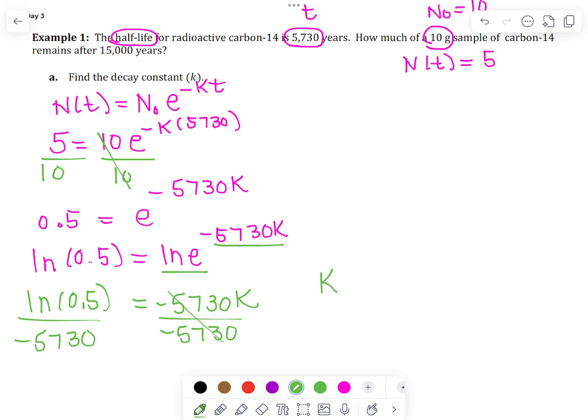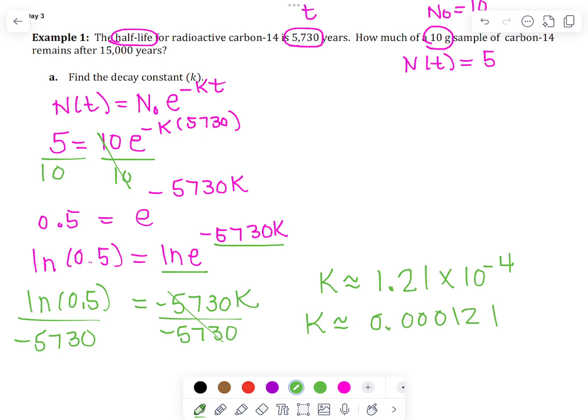So K is approximately, and what might show up in your graphing calculator or scientific calculator is a scientific number that looks like this: 1.21 times 10 to the negative 4th power. As a decimal, you move it 4 places to the left, so 0.0000121.